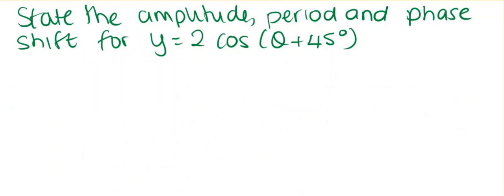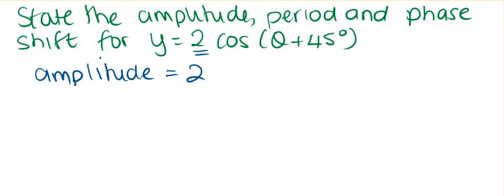Okay, so let's look at this question. This is guided practice. State the amplitude, period and phase shift for y is 2 cosine theta plus 45. First of all, the amplitude. We can see that it's been stretched vertically, so the amplitude is 2.